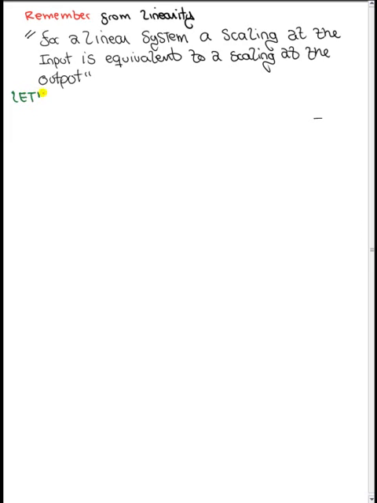We'll apply these rules to make this problem seem very easy. So we take, for instance, x1 of n, which is just equal to the impulse.